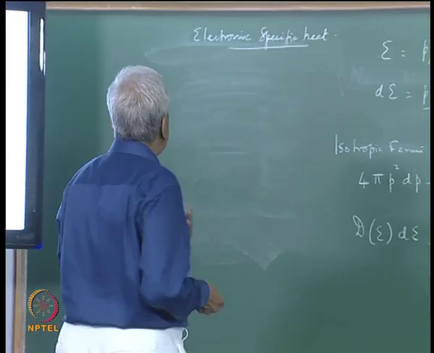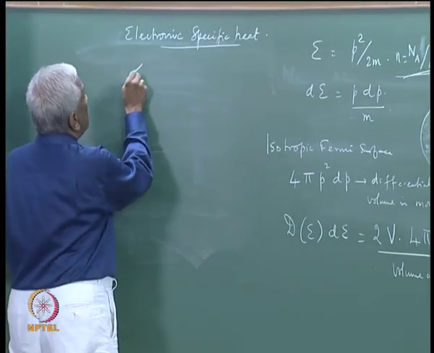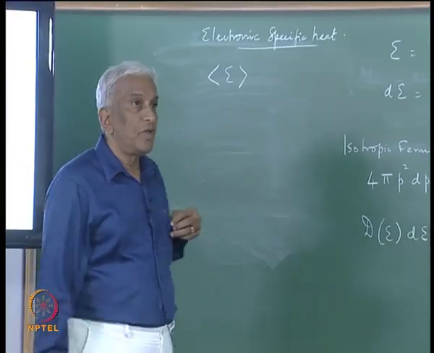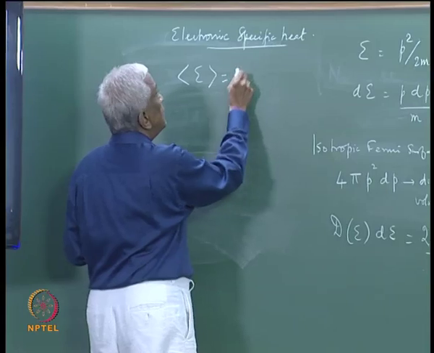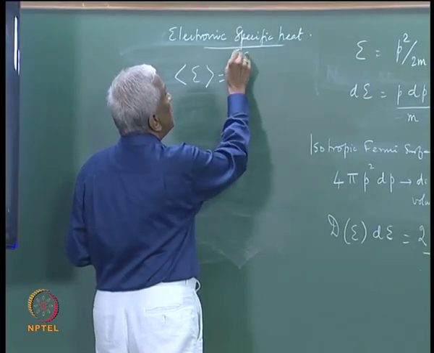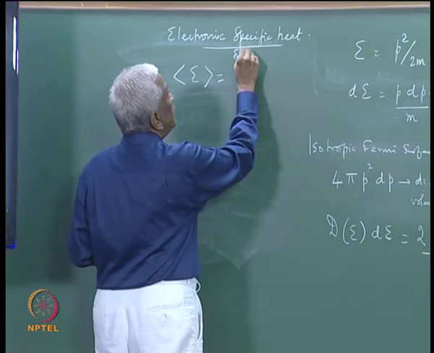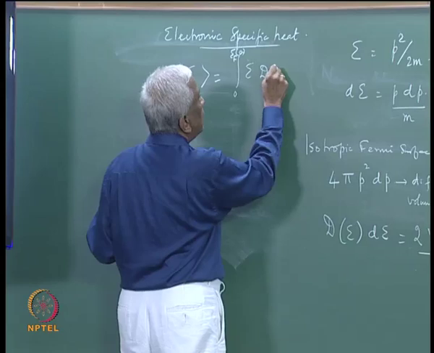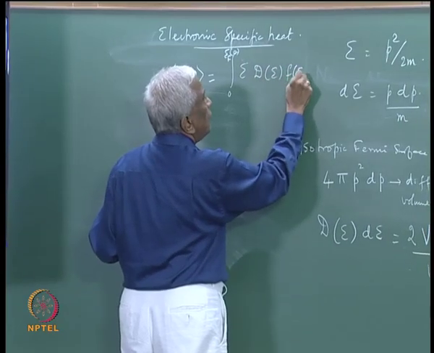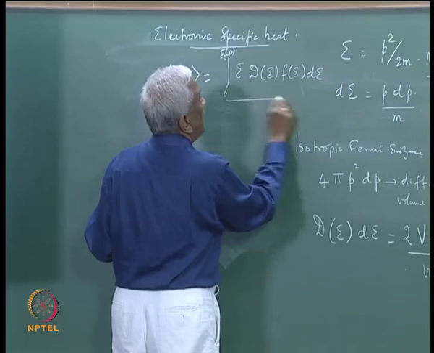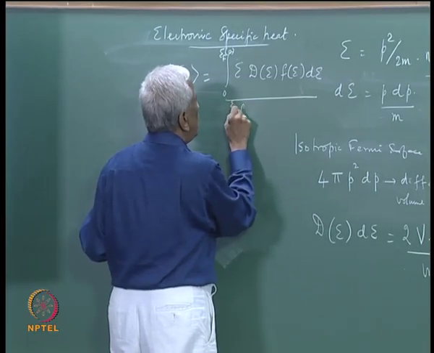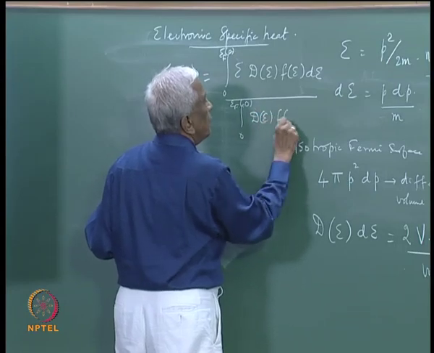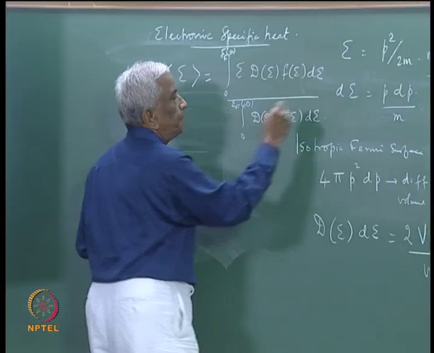The electronic specific heat can be calculated by calculating the average energy of this electron gas, which is simply done, again at absolute 0, by integrating from 0 to E of 0 of E d of E f of E d by 0 to E of 0 of d of E f of E d.